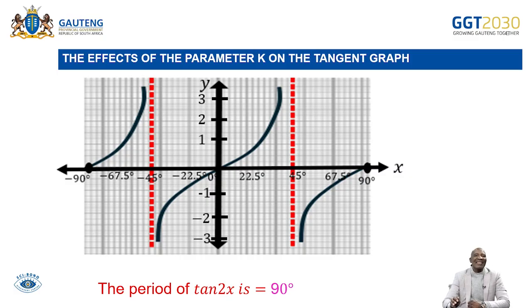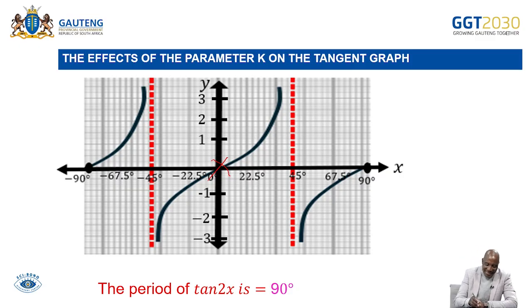You'll realize here that our lines of asymptotes are negative 45 degrees and 45. The graph crosses at negative 90 or touches at negative 90, as well as at 0, it cuts here. So when we start this graph, whether we're starting it from negative 360 to 360, from negative 180 to 180, from negative 90 to 90, the behavior will be the same.